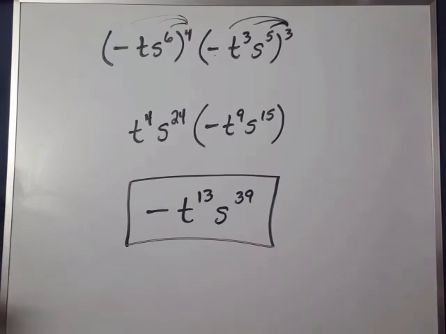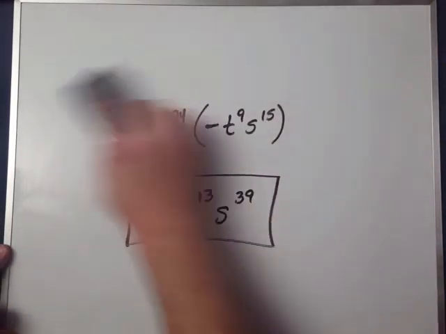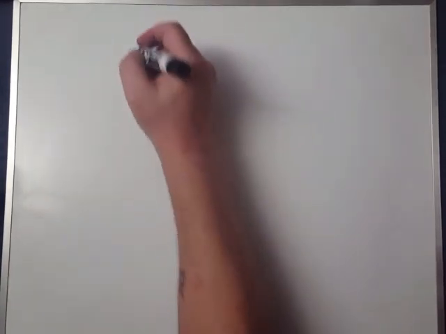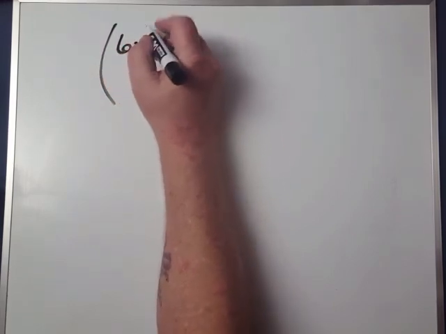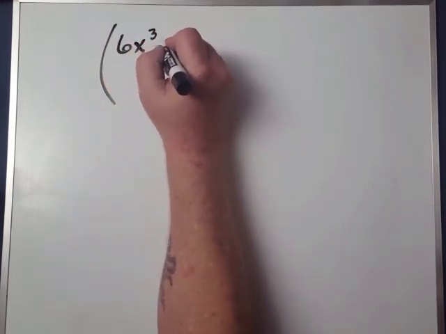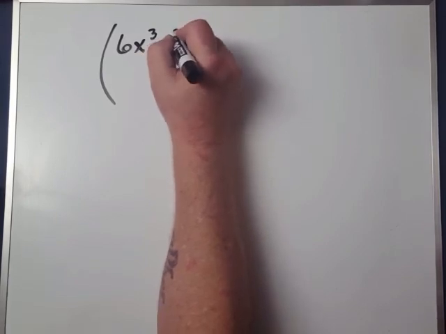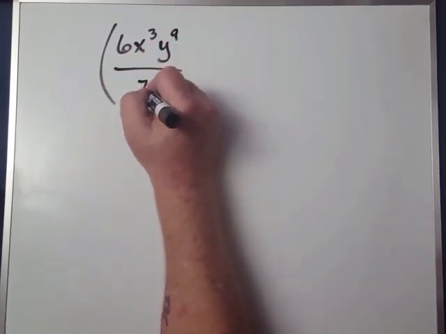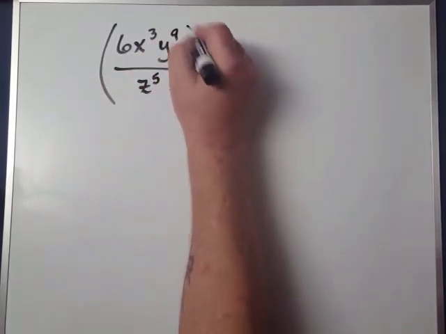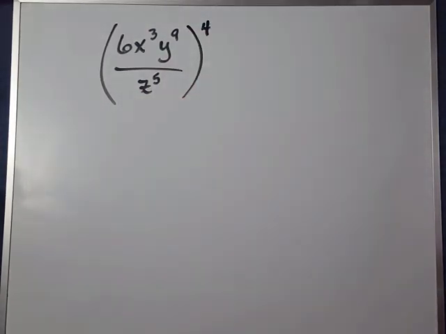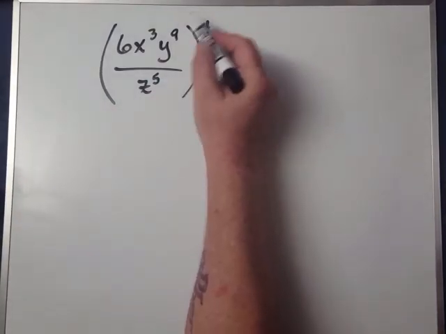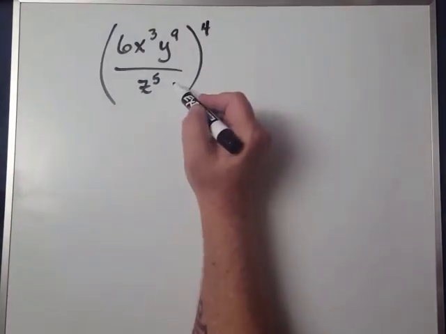Number 84. Power rule C says that I can distribute a power to the top and bottom of a fraction.